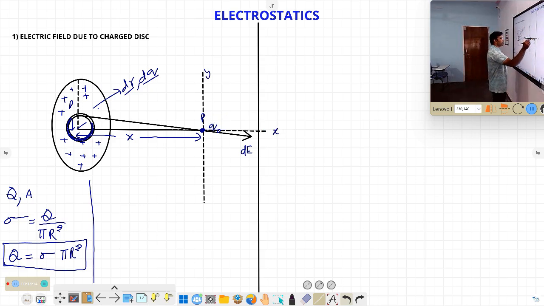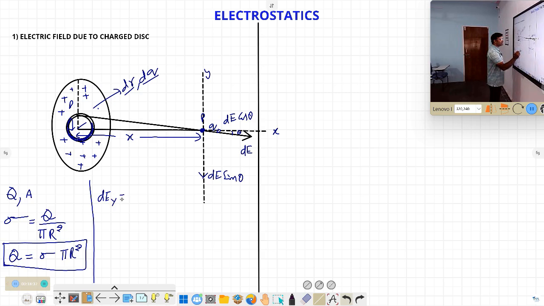Now how much angle is it making? It is making an angle theta here. So dE resolves into components: one component is dE cos theta, and the second component is dE sin theta. So anyway, as in the case of the ring, what is dE?